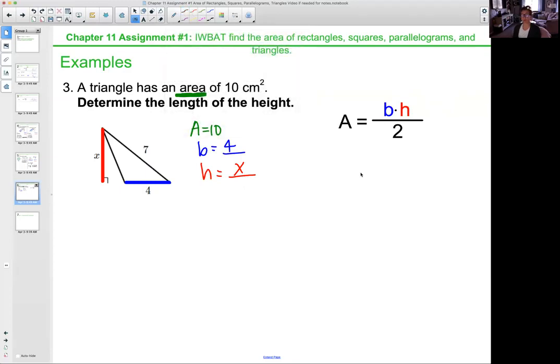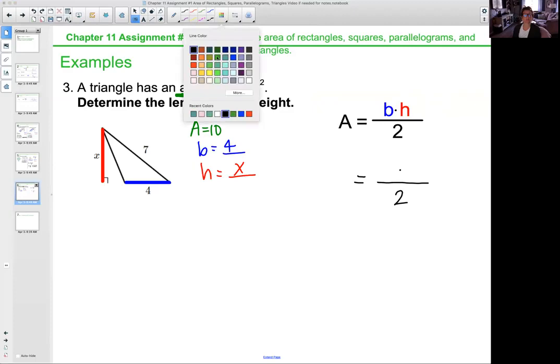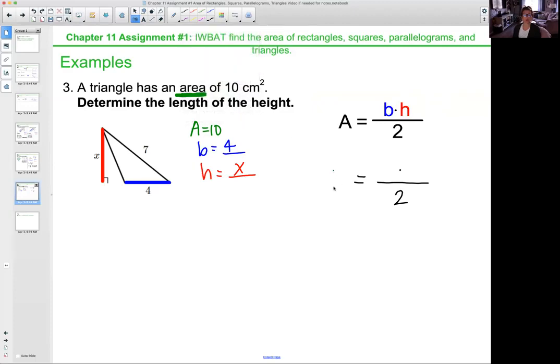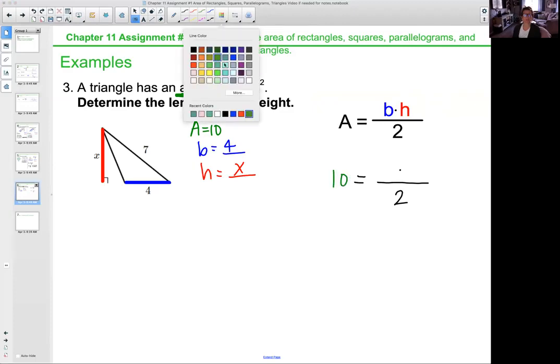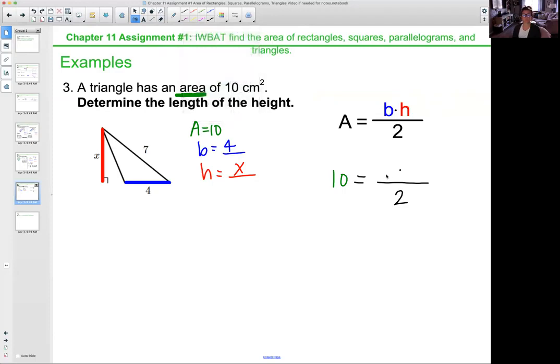Area equals base times height divided by 2. So let's fill in what we know. We know area, 10. We know base, 4. And we know that they are calling the height X in our problem.